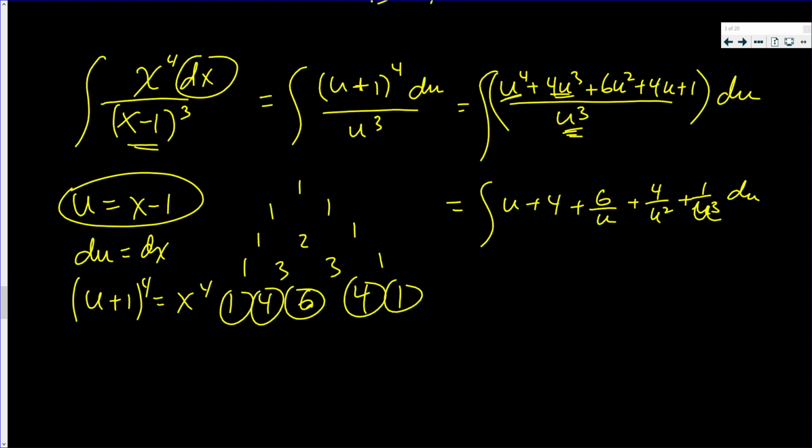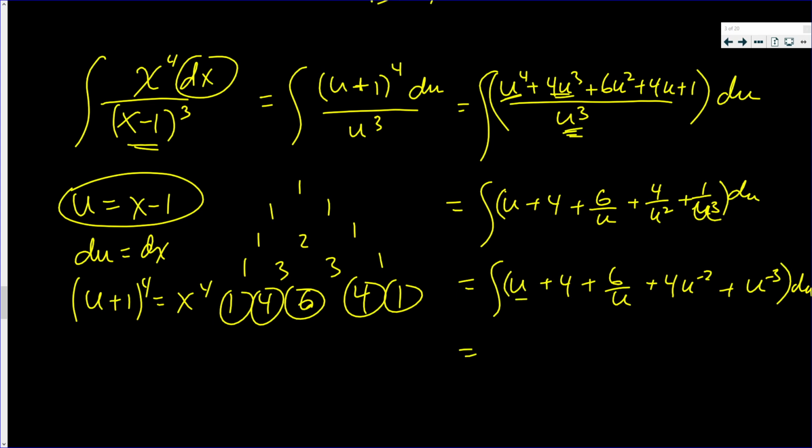I wouldn't use partial fractions in this. First, I rewrite some of these. U plus 4 plus 6 over u can stay. But the 4 over u squared I'd write that way. And the 1 over u cubed I would write that way. The integral of u is u squared over 2.